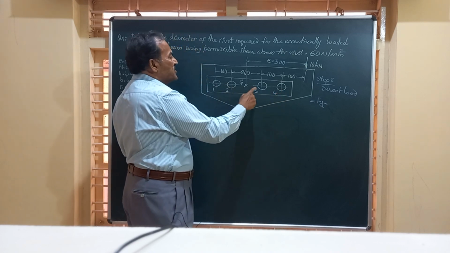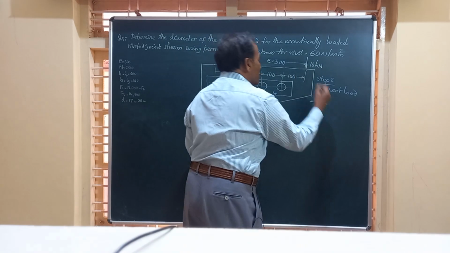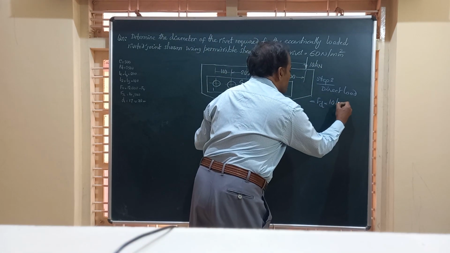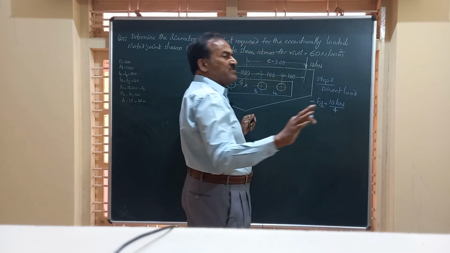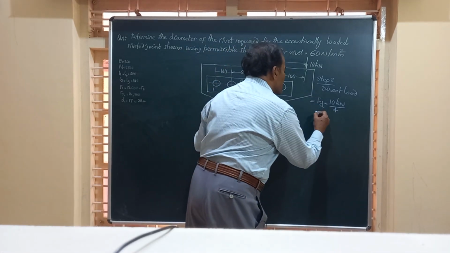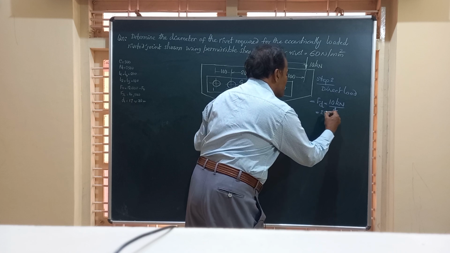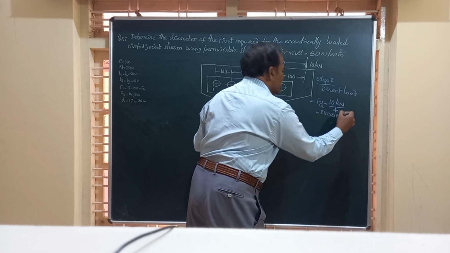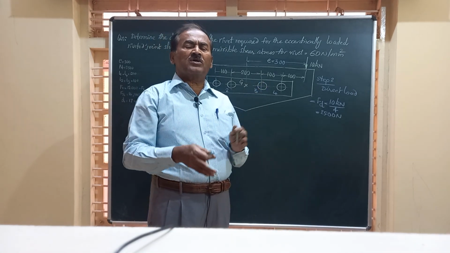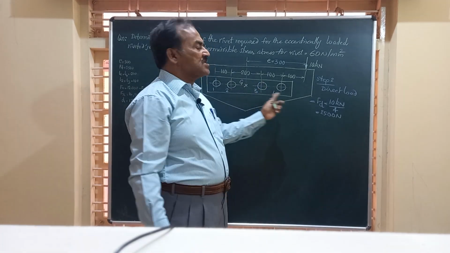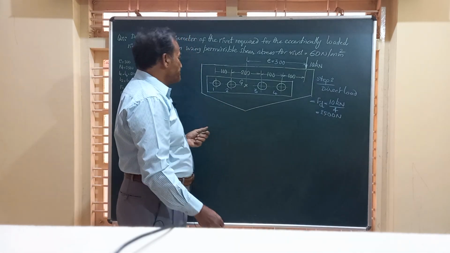So the load shared by each rivet will be equal to the total load, 10 kilonewton, divided by 4 rivets. If there are 5 rivets, you divide by 5. So this becomes 10,000 by 4, which is 2,500 Newton. This is the direct load, the shear load acting on all 4 rivets. Its value is the same at each rivet.